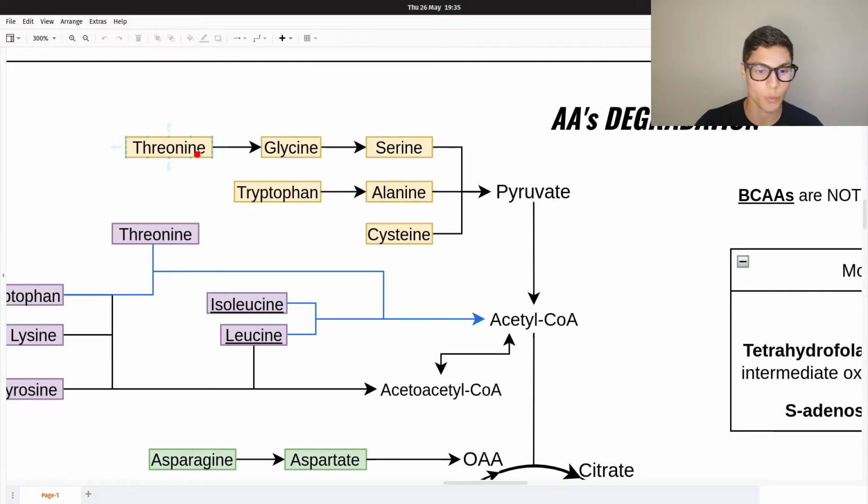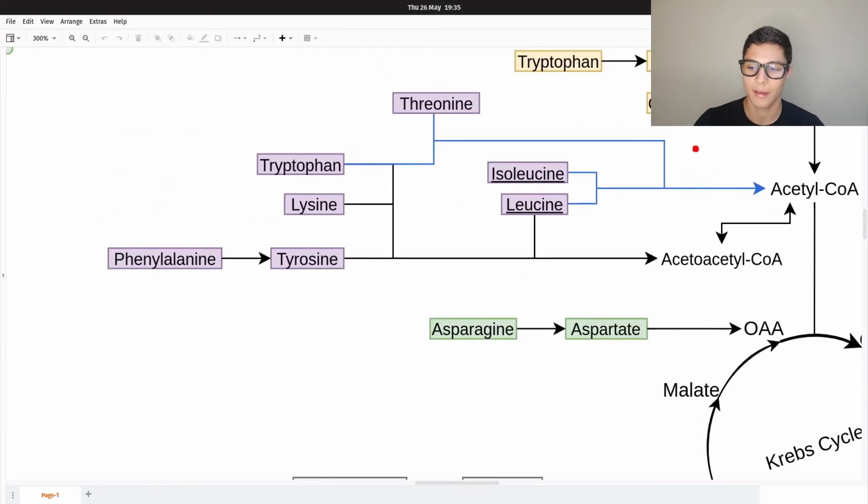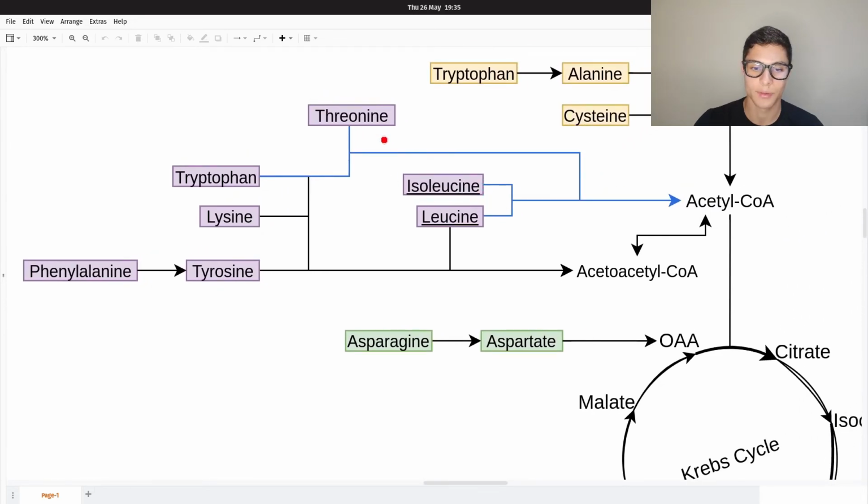From the threonine, we get the glycine, and the glycine is going to be converted into serine, and the serine will give us pyruvate. Here we have the amino acids that will give us either acetoacetyl-CoA or acetyl-CoA. These are called the ketogenic amino acids.